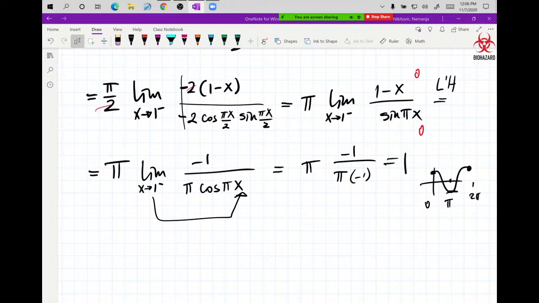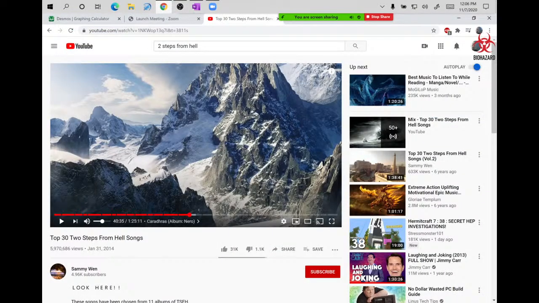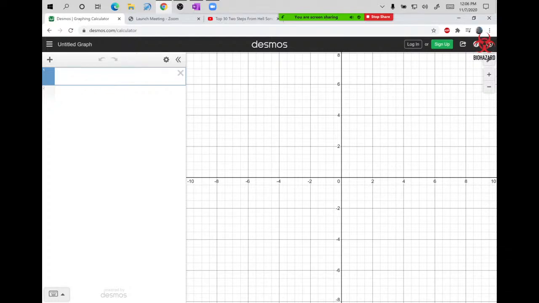So, if I am able to go to Desmos over here, which I had ready, there we go, and I type in this function, which is, let me just get the keyboard attached again, because it's going to be easier to type.